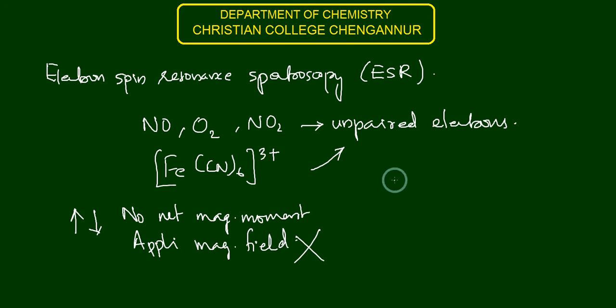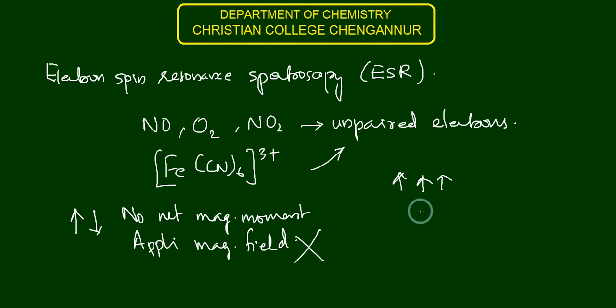But what do you expect if the species contain one unpaired electron or more than one unpaired electron? In these cases, each unpaired electron will have its own spin angular momentum, and this spin angular momentum will generate the spin magnetic moment, and this spin magnetic moment can interact with the applied magnetic field.